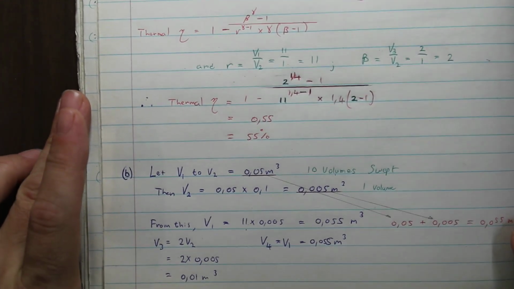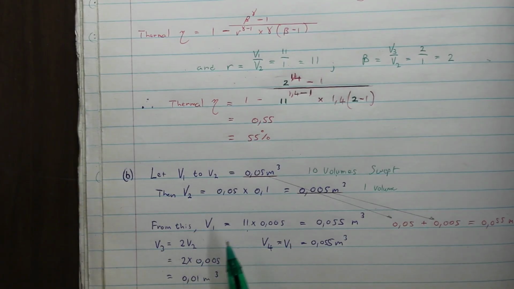There are two ways you can do this. You can say V1 equals 11, because that's the compression ratio, times 0.005, which is V2, and you'll get 0.055 meters cubed.